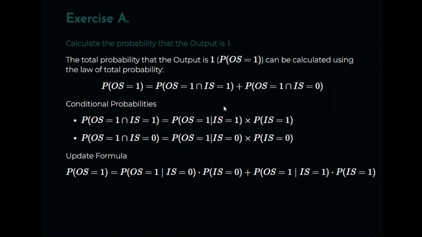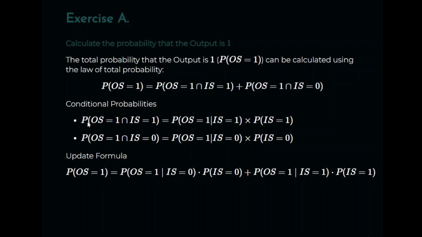We're going to use all those pieces of information, multiply them out, and that will help us get the answer we're looking for. Okay. So the probability of OS equal to 1 and IS equal to 1 is the probability of OS equal to 1 given IS equal to 1, times the probability of IS equal to 1.